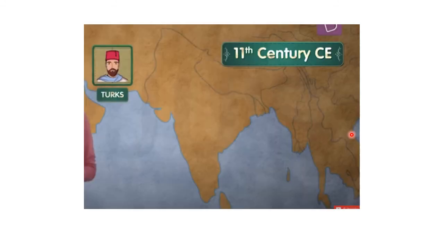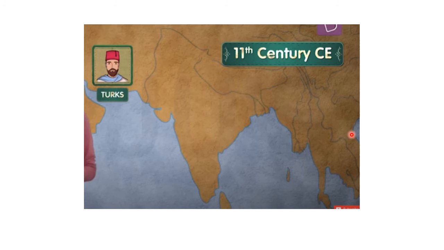Now, one such ruler, okay, who wanted to invade India and heard about its riches was Mahmud Ghazni, a Turk who ruled Afghanistan and parts of Central Asia and the northwest part of the Indian subcontinent. Okay, he had heard about the riches, wanted to invade and loot India.